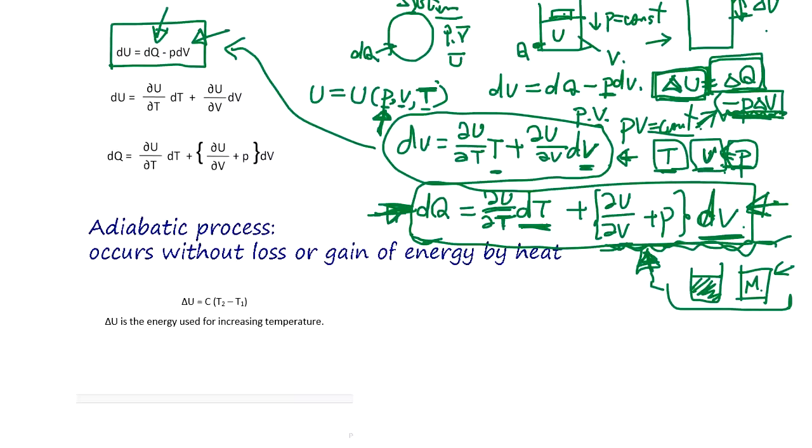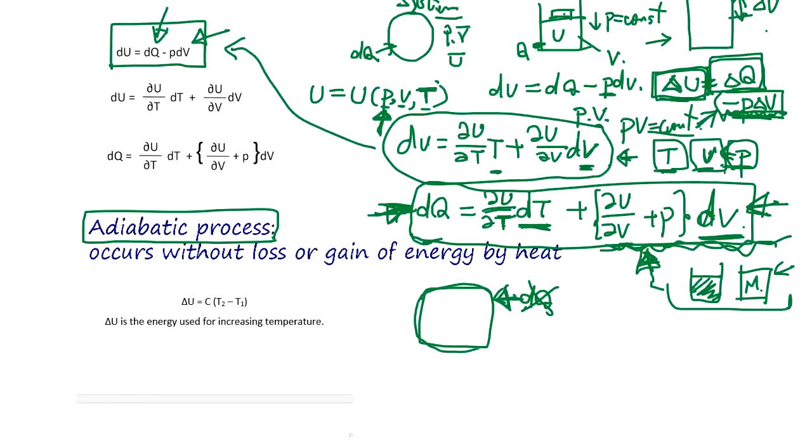The first one given a special name is the adiabatic process. This is an isolated thermal system, meaning there's no dQ, no heat energy exchange from outside. Within the system, the net heat energy is 0.